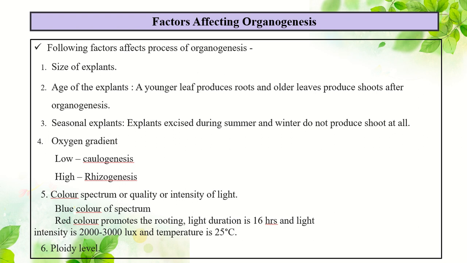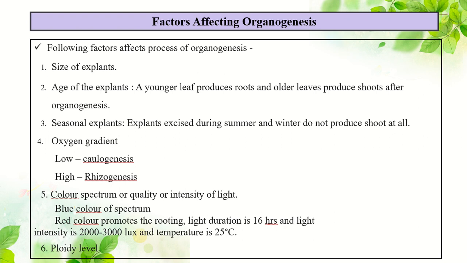The age of the explant is very important for choosing the first explant in tissue culture. If you choose a younger, purely mature leaf, that will certainly give you root tissue. If you take older leaves, they produce roots after organogenesis.